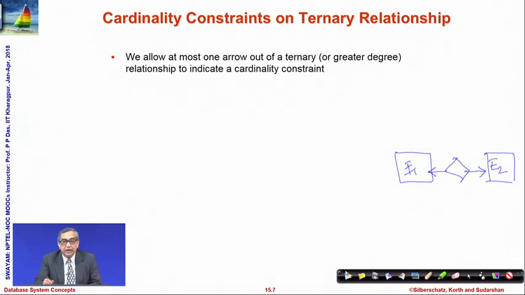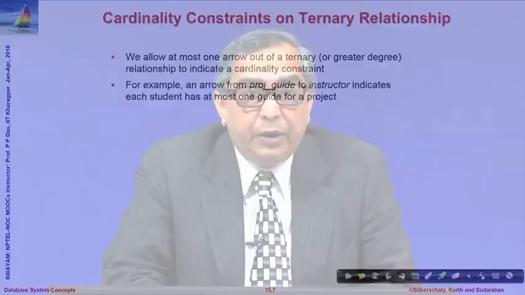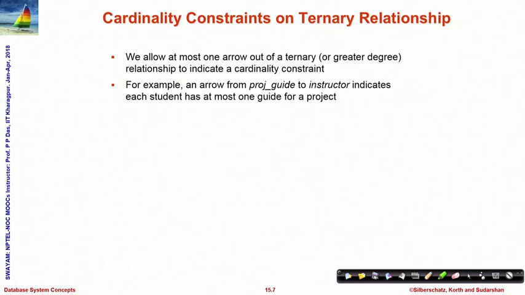Now, the question is how will that work out? What will be the meaning of an arrow in a ternary relationship? In the case of a ternary relationship, or relationships of higher degree where more than 3 entity sets may be involved, we put a restriction that we will allow at most one arrow out of the relationship.